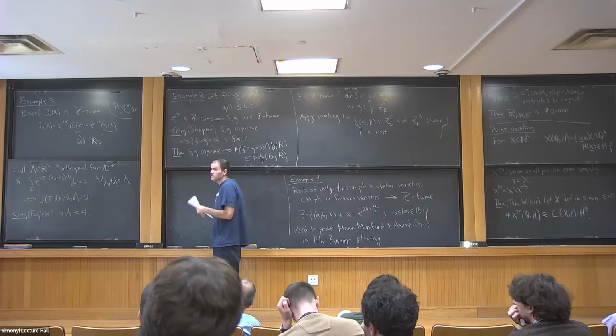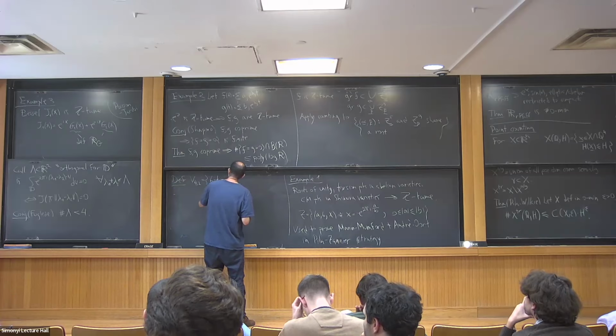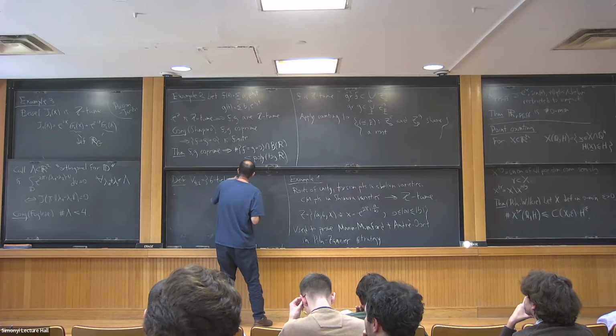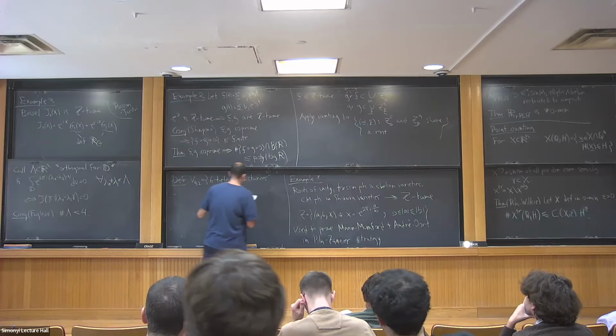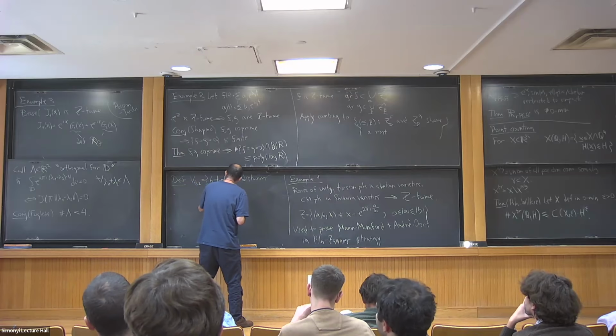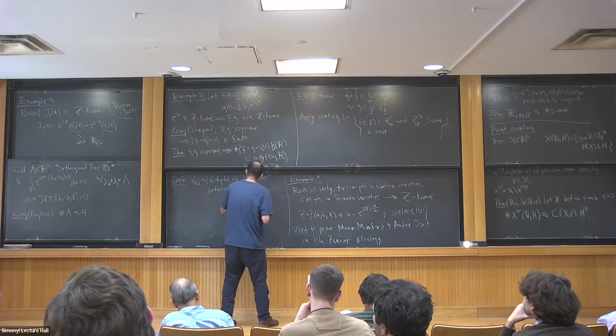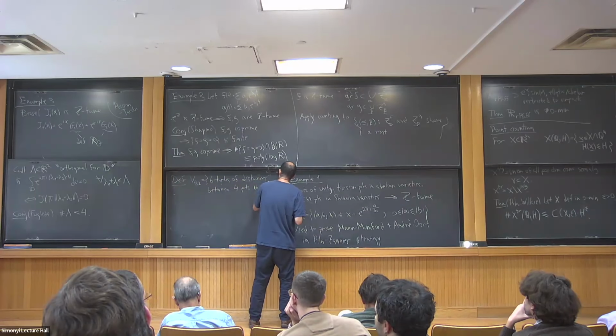Okay, so to connect it to the kind of thing that we're doing, let me define an algebraic variety. I'm going to take V_{4,2}. So this is going to be the variety of 6-tuples of distances between 4 points in R^2.